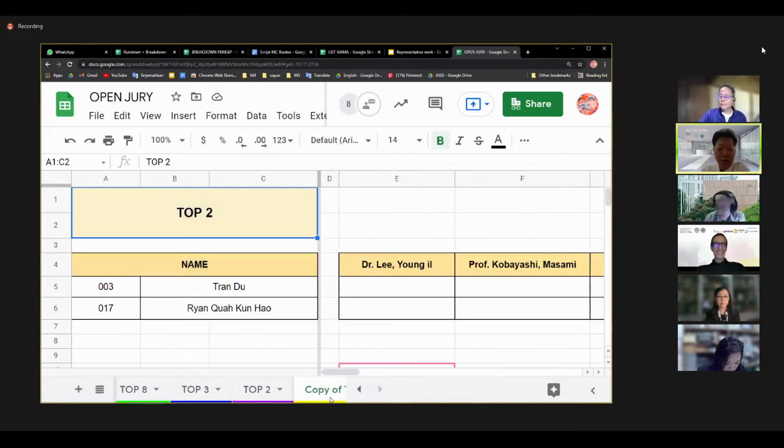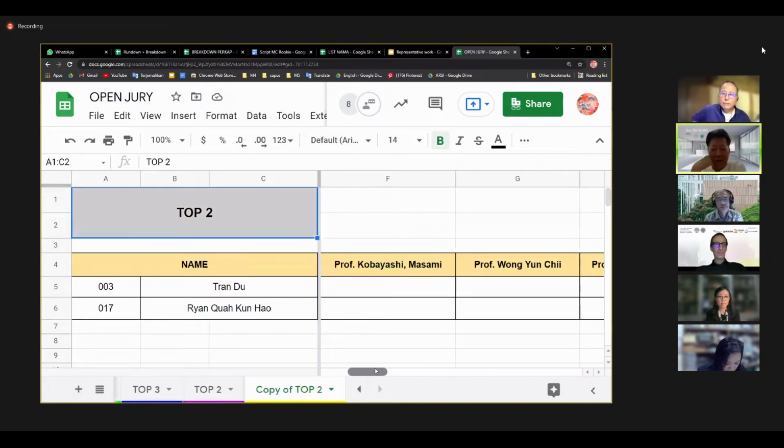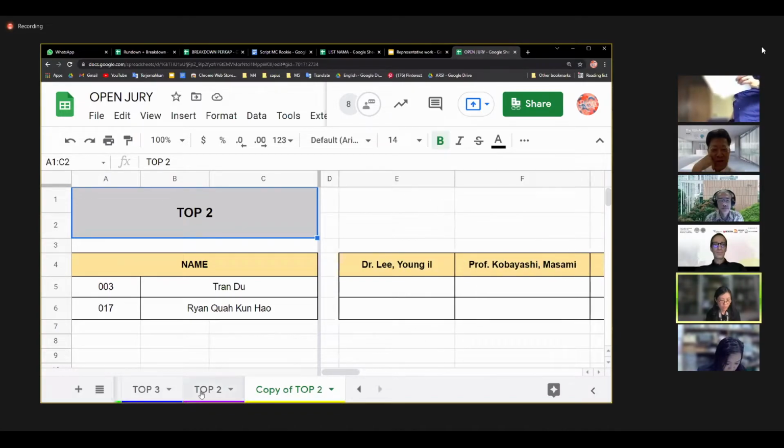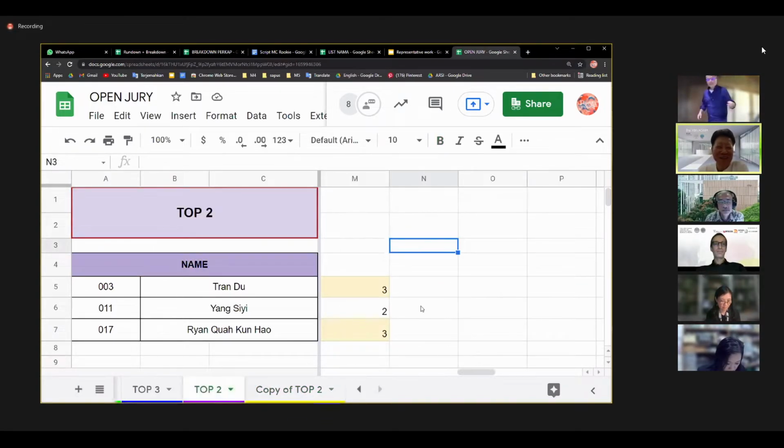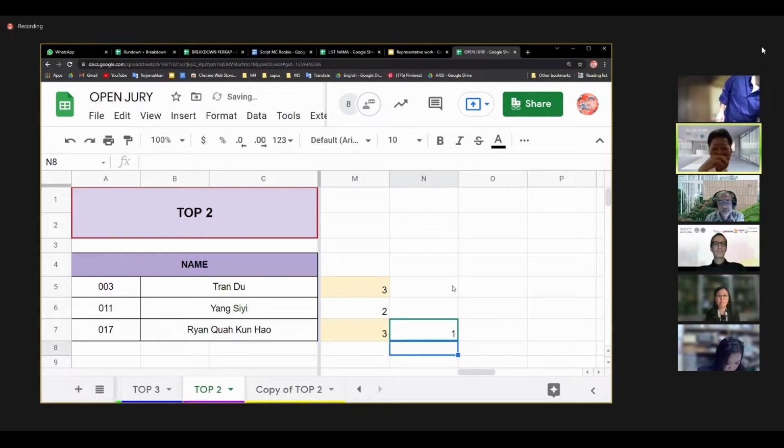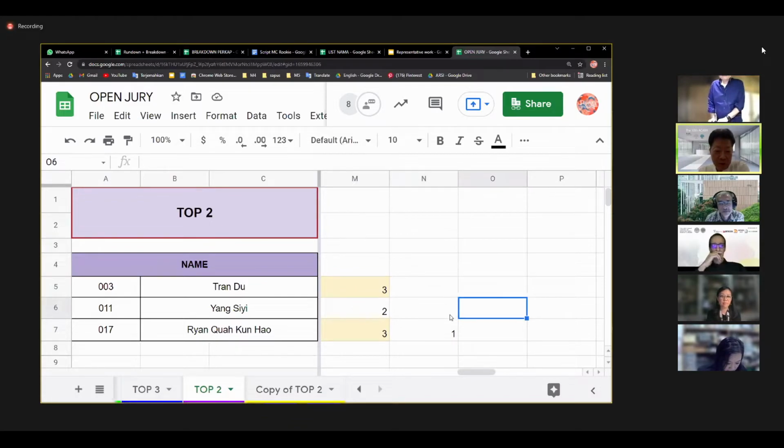We don't need to vote again. Yeah, I vote for 17. Okay, wait, Matthew. Yes, Professor. You asked Professor Wong and Professor Jin. So Professor Jin, who voted number 11?